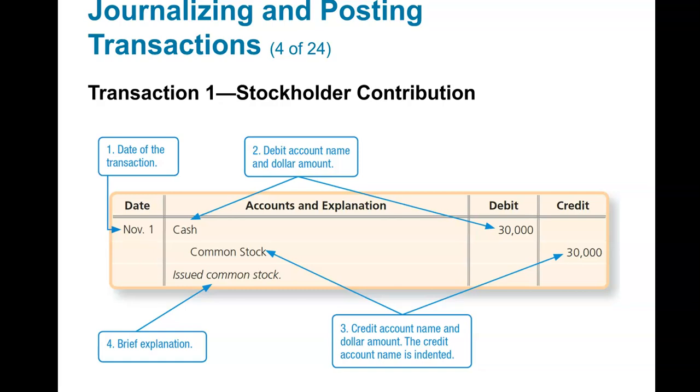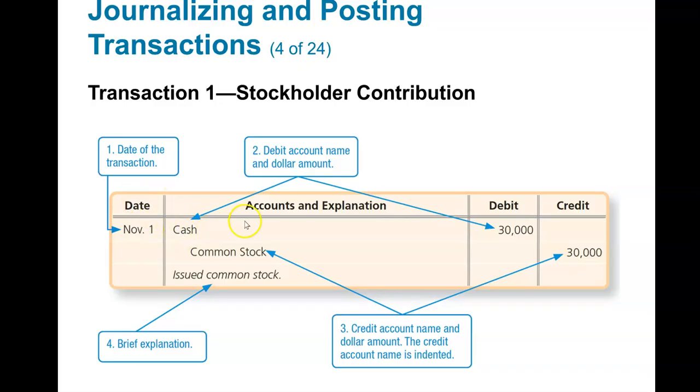This is where all journal entries record in chronological order the financial transactions that have happened in a company. So November 1st, we debit cash. A debit is on your top line to the far left margin. That's how, when you read a journal entry, you know it's a debit. So we're debiting cash, meaning it's going up.